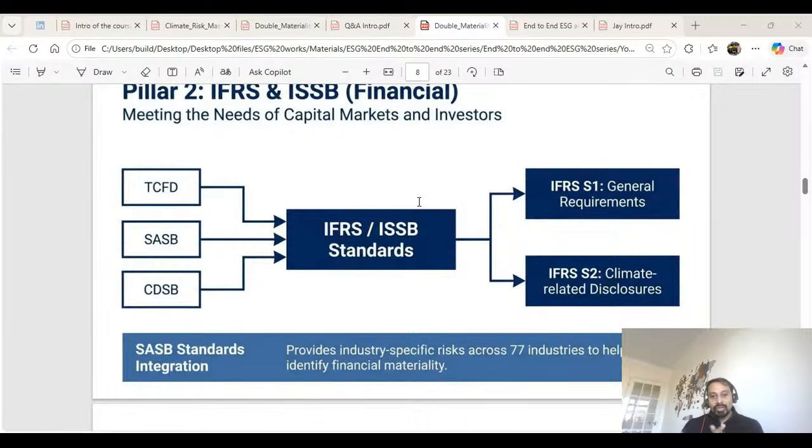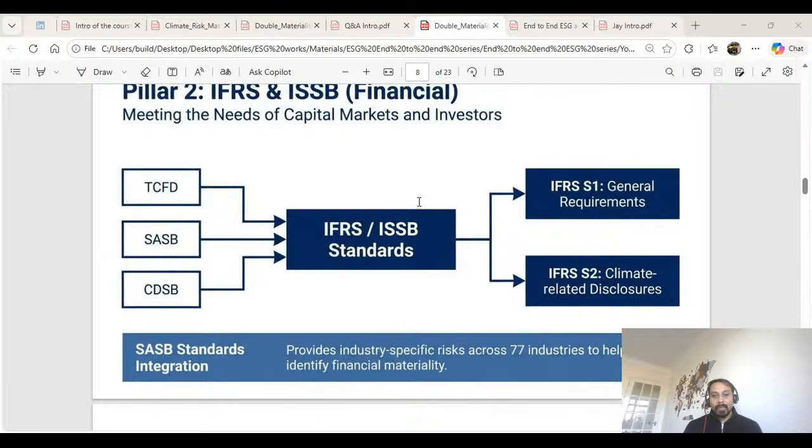That generates the two key standards: IFRS S1, which is the general sustainability risk standard that we already saw in modules 1 to 6, and IFRS S2, which is the climate-specific standard. For the ISSB IFRS standards, SASB provides industry-specific financial risk covering 77 industries, classified under SICS.